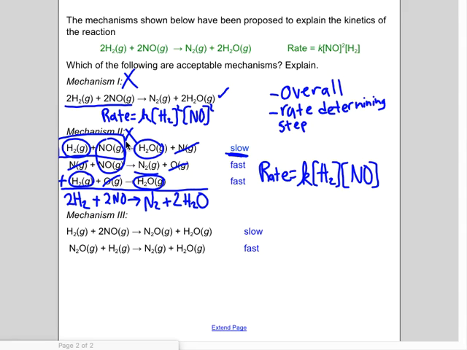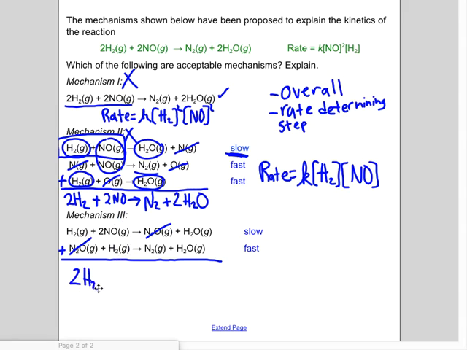All right, so here we go. What if we add these up? Looking for things that cancel. Looks like N2O would cancel. All right, and I don't see anything else that cancels. All right, so we've got our reactants. We have H2 plus 2NO and also another H2. So the H2s would combine, and then we still have the 2NOs.